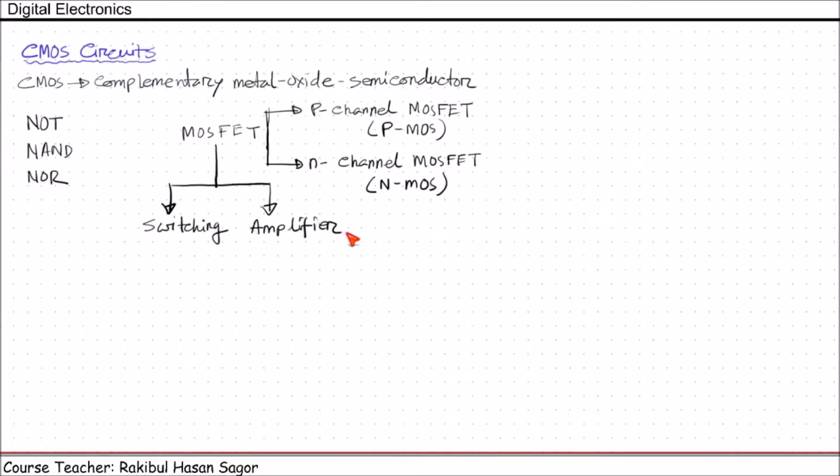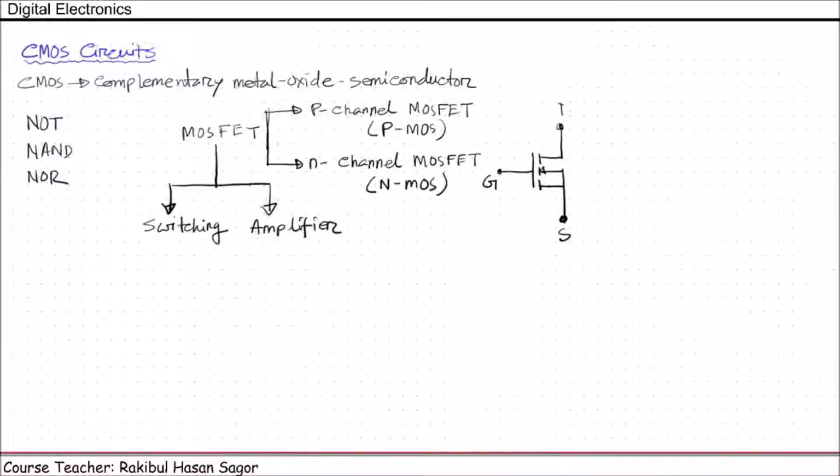Now let us see the symbol of N-channel MOSFET and P-channel MOSFET. This is the symbol where this is named as gate. We have one terminal here, another terminal is here, and this is named as source and this is drain. And this voltage is named as VGS.